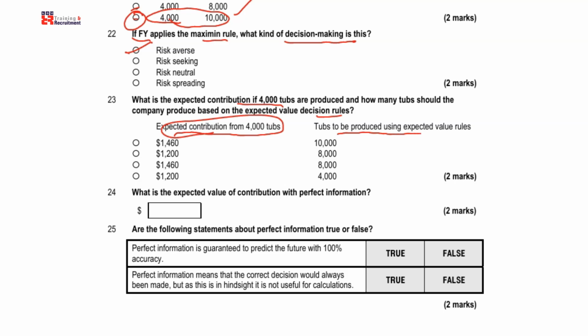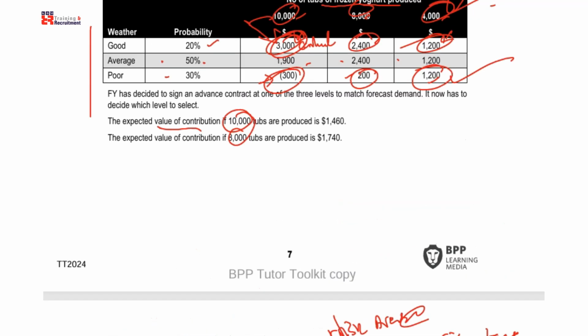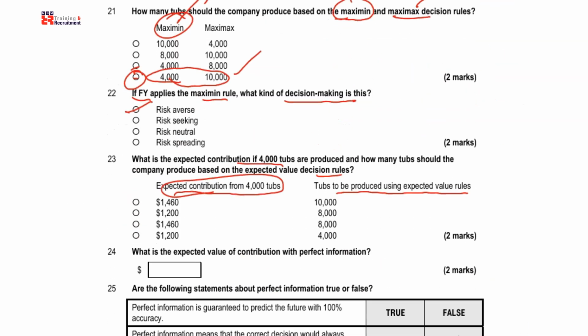Tubs to be produced using expected values. Whichever gives you the highest expected contribution, that's what you're going to produce. So far, from 10,000 we're going to get 1,400, and 8,000 we're going to get 1,700. So of course we're going to produce the 1,700 one, which is 8,000. So the answer here could be one of this, and for expected contribution at 4,000 units.